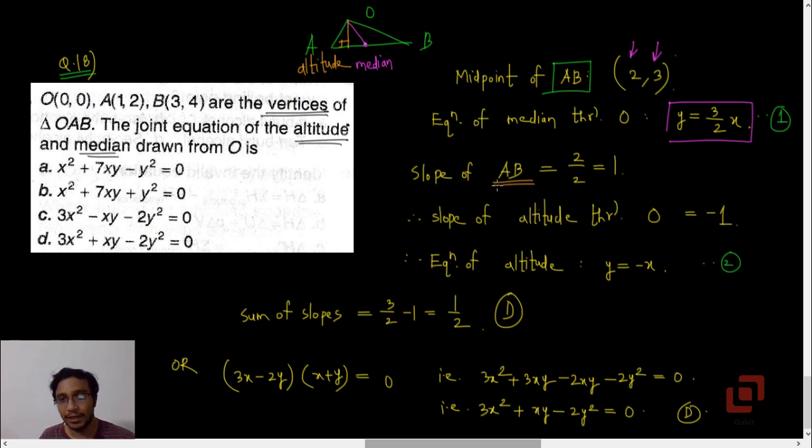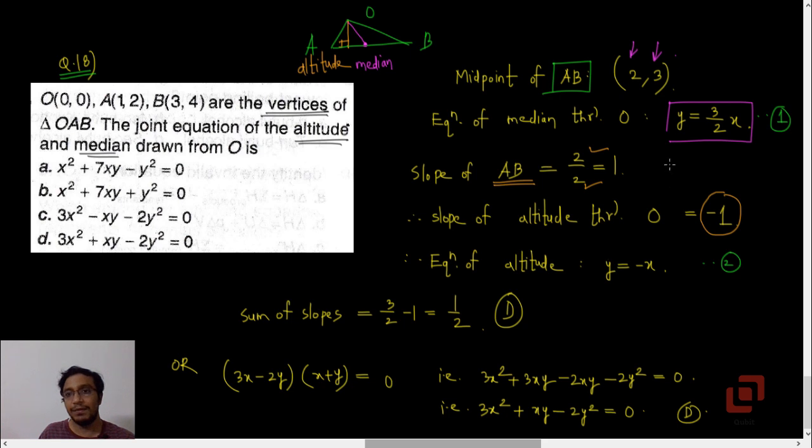How to find the slope of line AB? y2 minus y1, 4 minus 2 is 2, upon x2 minus x1, 3 minus 1 is 2. So the slope of AB is 1, and therefore the slope of the altitude through O will be -1, that is -1 upon 1. So from that you can get the equation of the altitude.